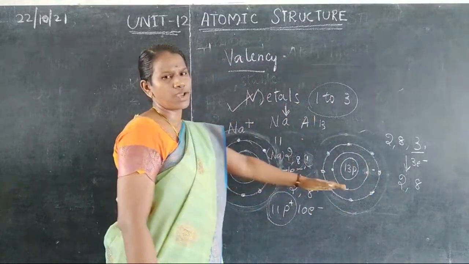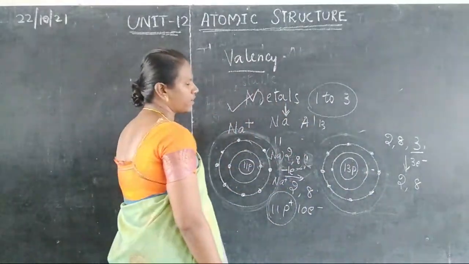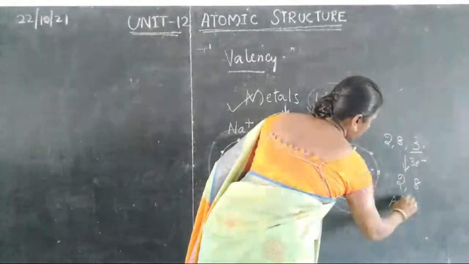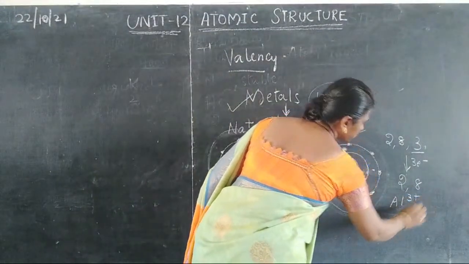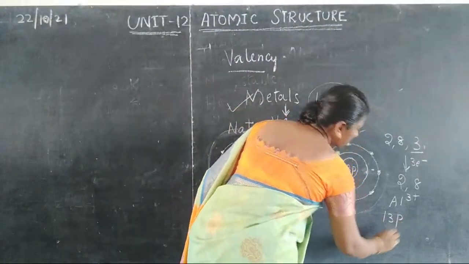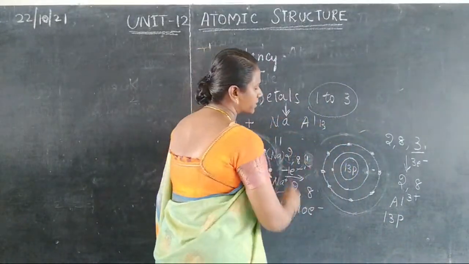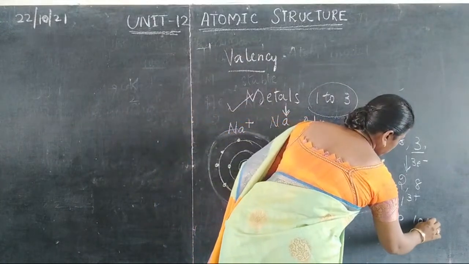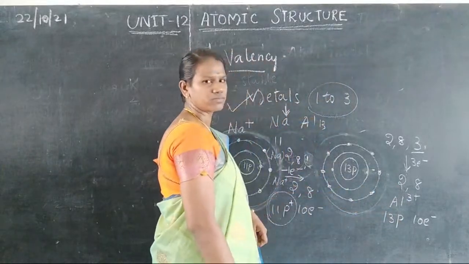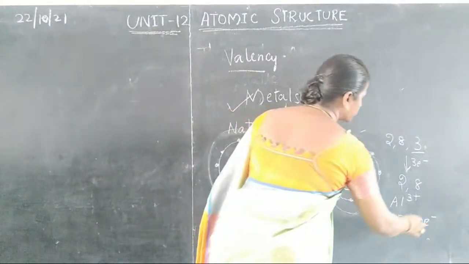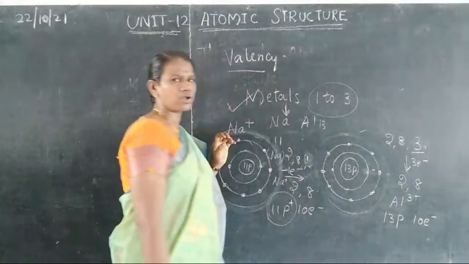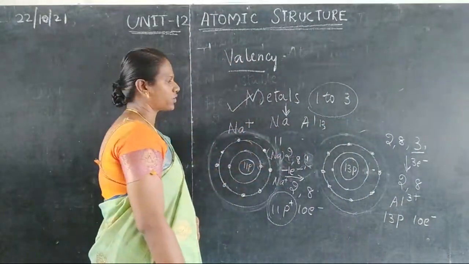So aluminium loses 3 electrons to become stable, and we write it as Al3+. That means the number of protons is 13 and the number of electrons is 10, so 3 more protons are in this atom. This is called a positively charged ion, or otherwise a cation.